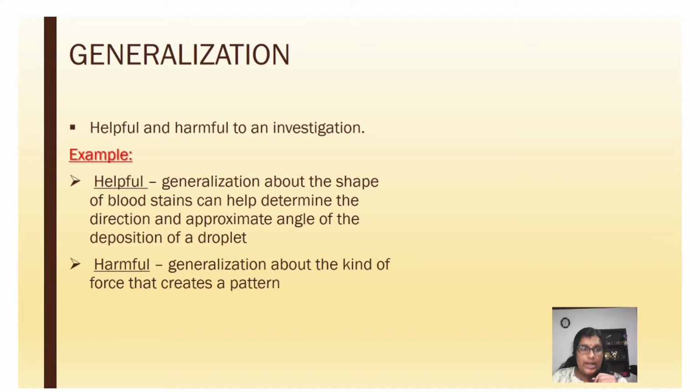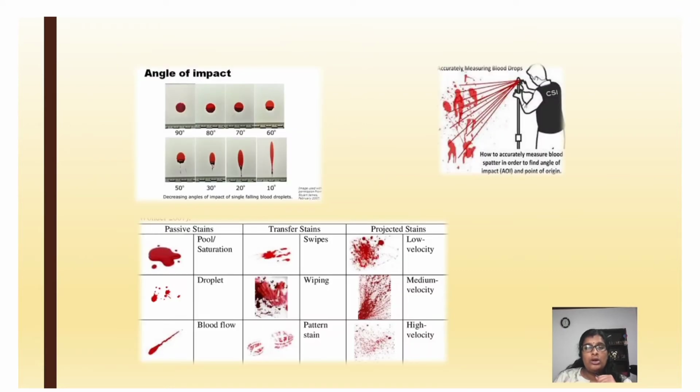Next one is generalization. Generalization is both helpful and harmful for the investigation. Taking helpful as an example, generalization of the shape of a blood stain can help to determine the direction and appropriate angle of the deposition of the droplet. I will show you.